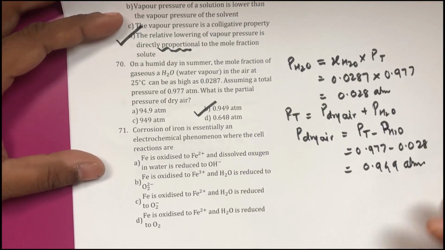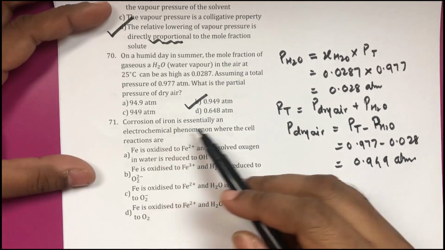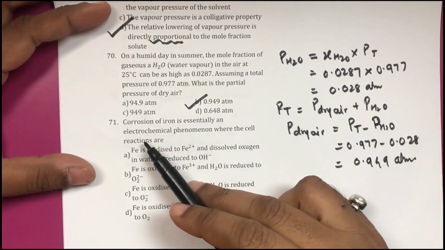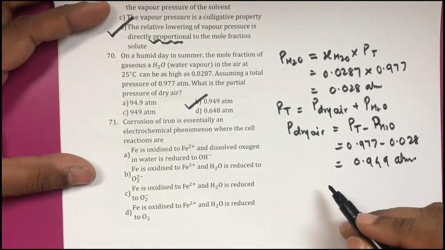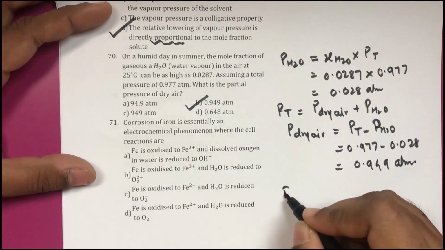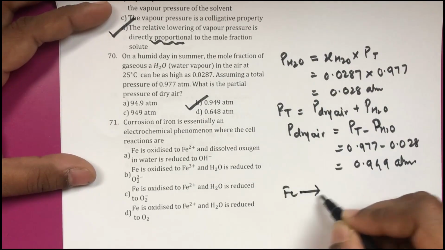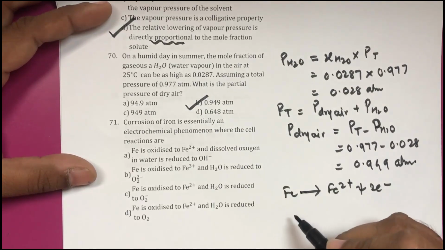Question number 71. The corrosion of iron is essentially an electrochemical phenomenon where the cell reactions are... When we talk about the corrosion of iron, Fe is oxidized to Fe2+ by loss of 2 electrons. This is nothing but the anode reaction.